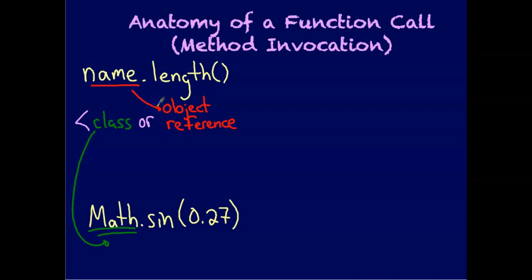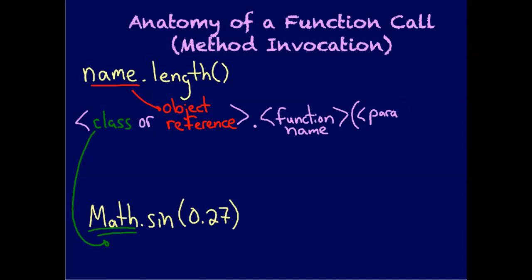Okay, and then in either of those cases, we follow that up with a dot and then the function name. In the first example, that was length. In the second example, that was sine. After the function name, we have the parameter list, so a parentheses, and then any parameters or arguments. Actually, I should say arguments here, right?